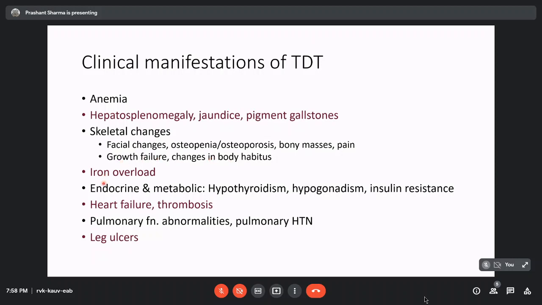They will have iron overload by and by, inevitably. Endocrine and metabolic complications are rife because of iron deposition in endocrine organs, starting from the pituitary and manifesting as hypothyroidism, hypogonadism, and insulin resistance, heart failure, thrombosis, pulmonary function abnormalities, pulmonary hypertension, and leg ulcers.